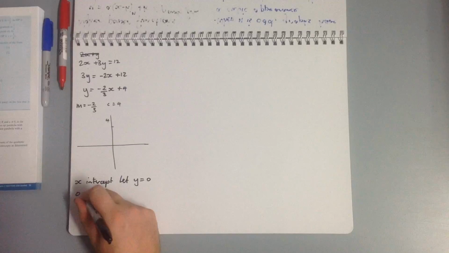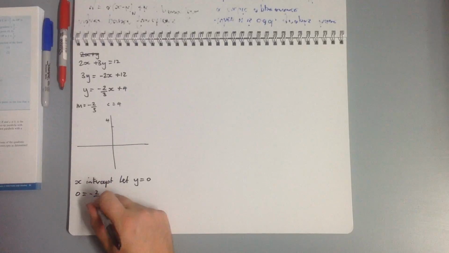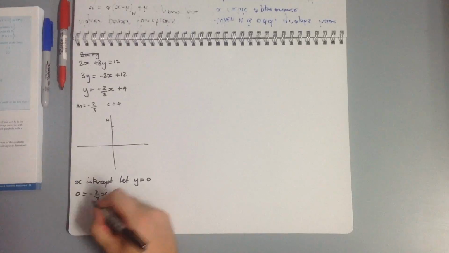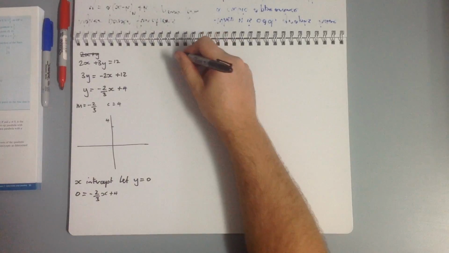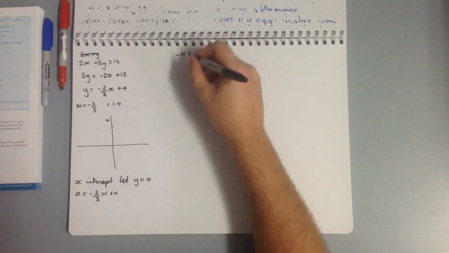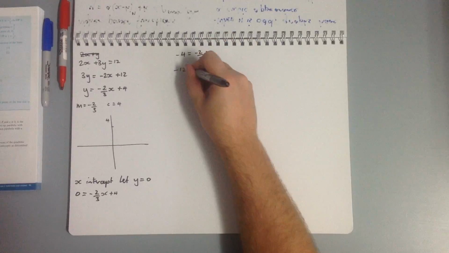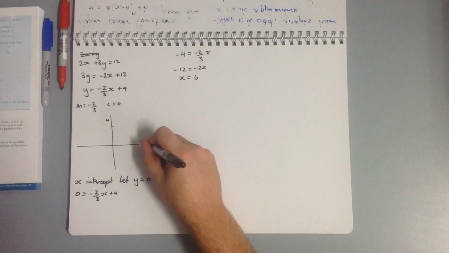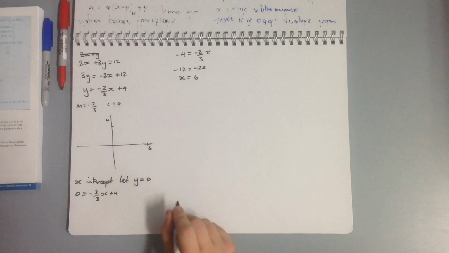So we have 0 equals minus 2 on 3 x plus 4. So we'll rearrange that, I might do it over here actually, so that we have minus 4 equals negative 2/3 x. So we have minus 12 equals minus 2x. So x equals 6. Maybe up here at 6.